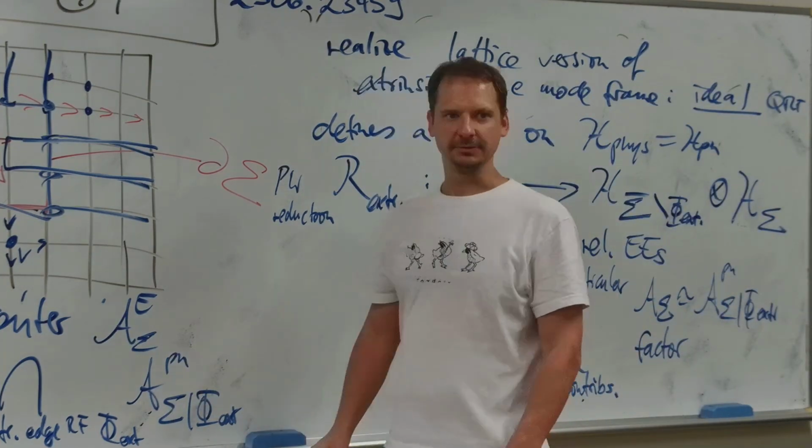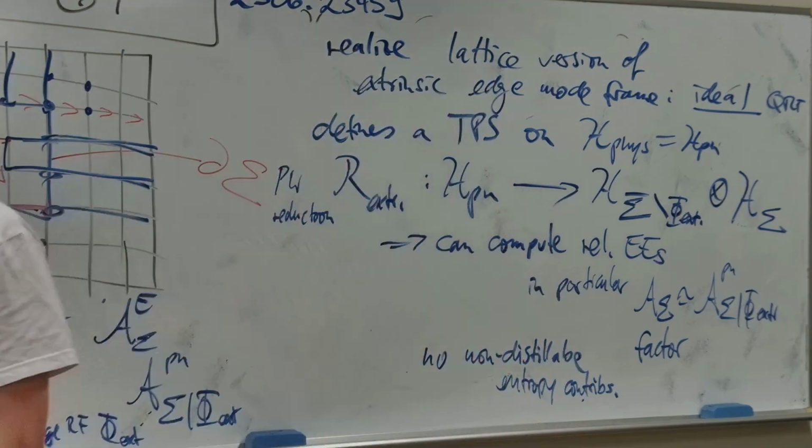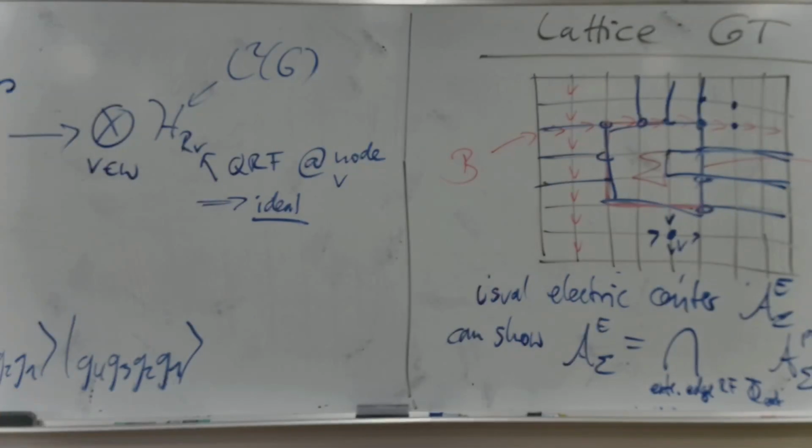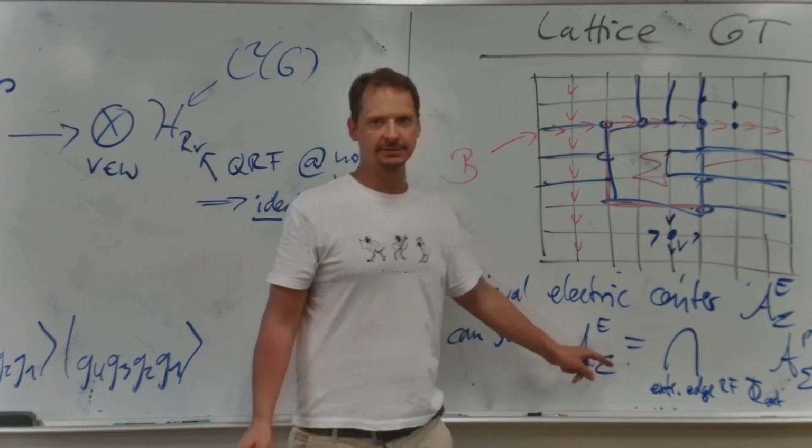You take that algebra and you do it for all possible choices of extrinsic reference frames. You intersect them all. Then you get back the electric center.